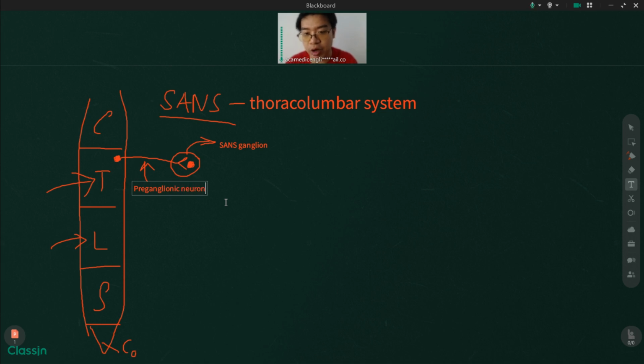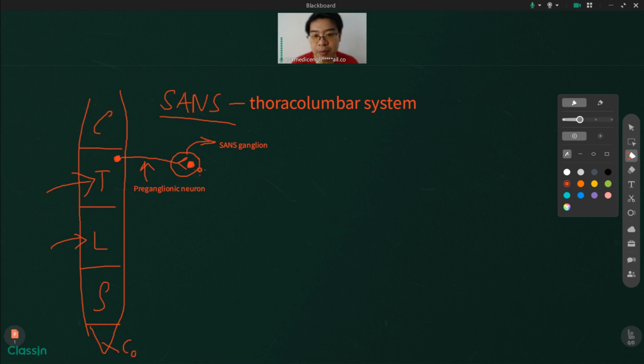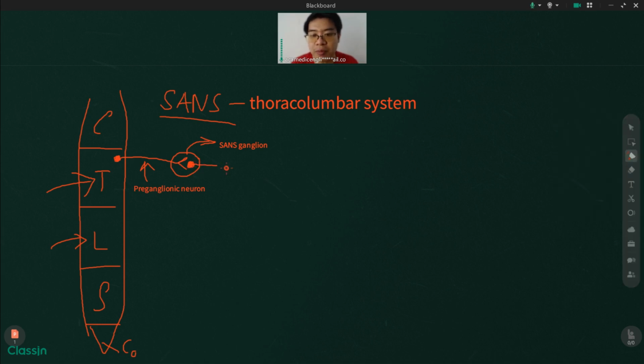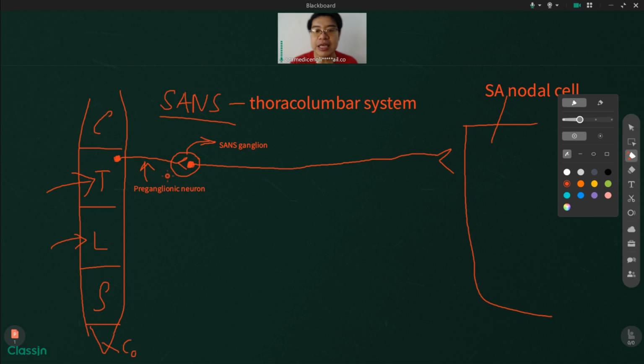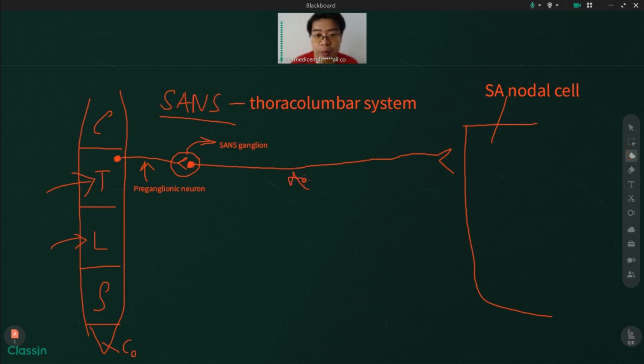And the fiber that goes out from this ganglion to the target cell, for example, an SA node cell of the heart, which is one of the target cells in the body of the sympathetic nervous system, what should that neuron be called?